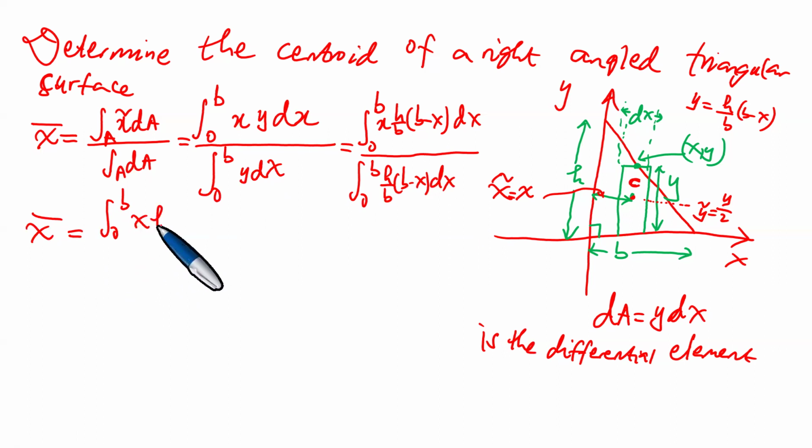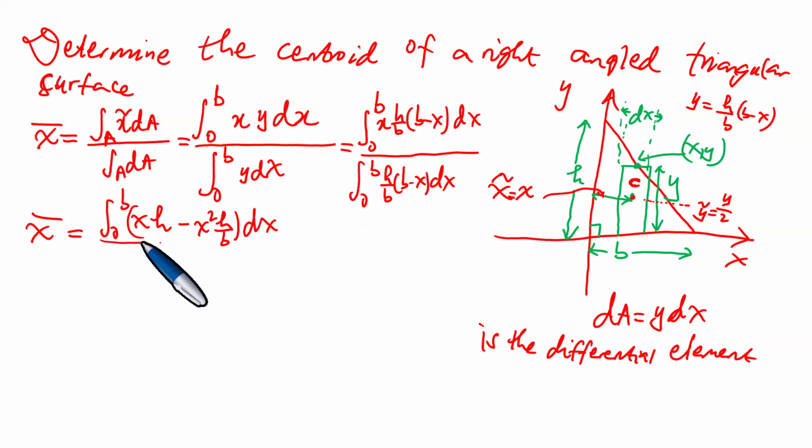Xh, x squared. So this would be minus x squared h over b. We're multiplying this out because the b cancels here, giving us only xh, and then minus x squared h over b. And then you have the dx.